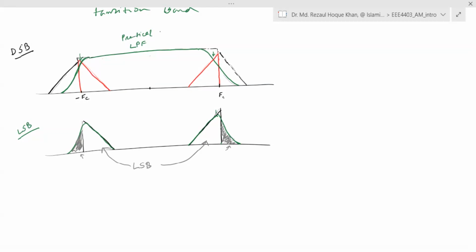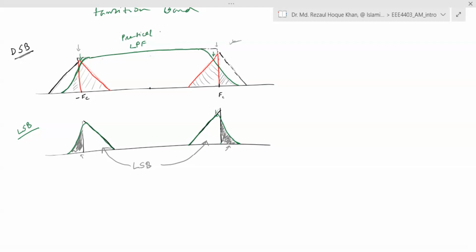So what I'm saying is, by using a practical filter, only a portion of the double sideband signal will be filtered, including a portion from the higher frequency because of the lack of a sharp cutoff in a practical low pass filter.